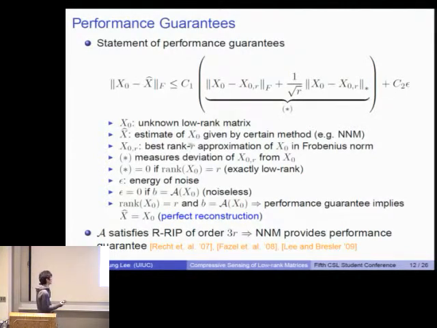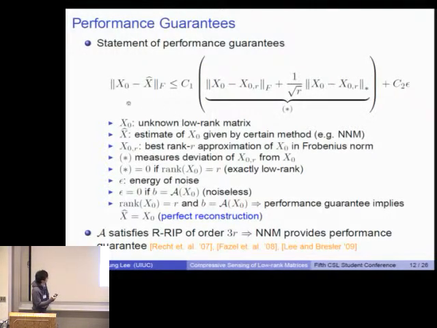The performance guarantee is described by this somewhat complicated inequality. So let's read it one by one. X0 is the unknown low rank matrix, and X hat is the estimate of X0 given by a certain algorithm or method, for example, nuclear norm minimization. X0,R is the best rank R approximation of X0 in Frobenius norm, that is, the nearest matrix to the original matrix X0.